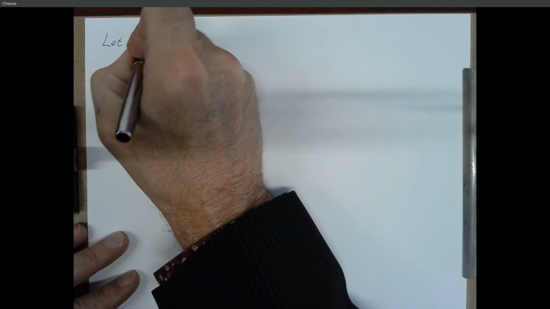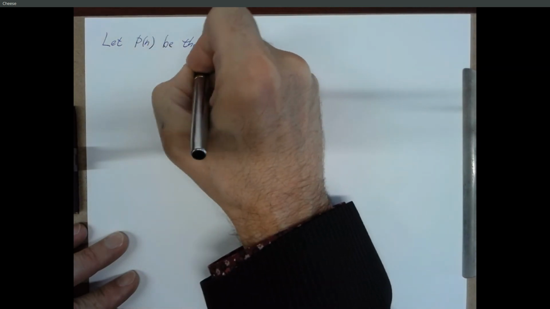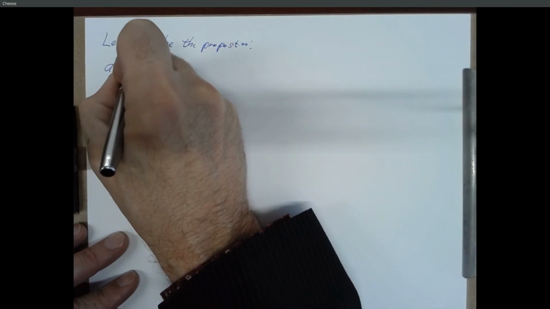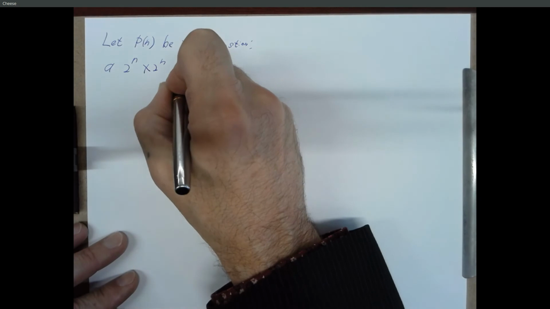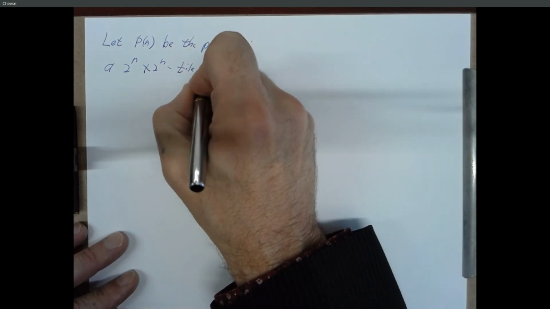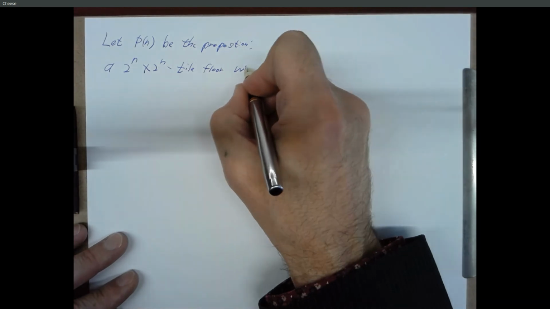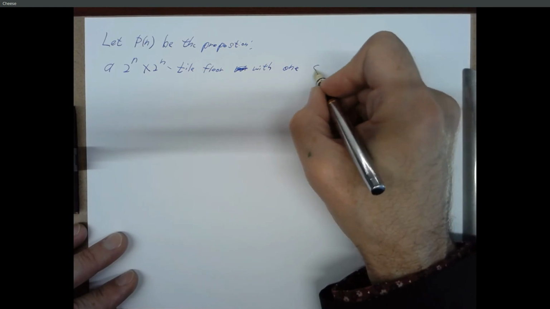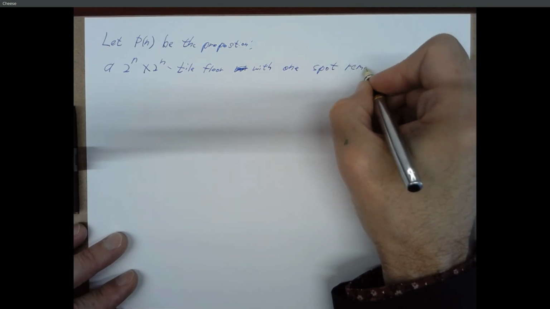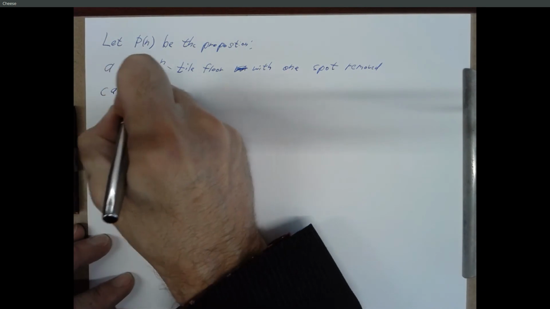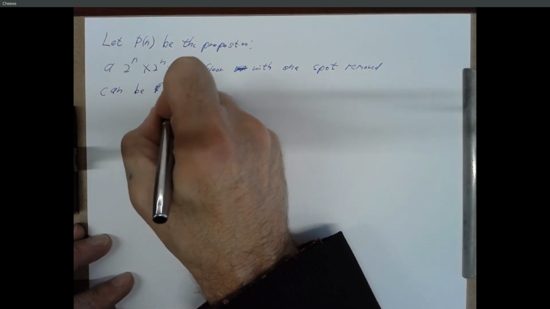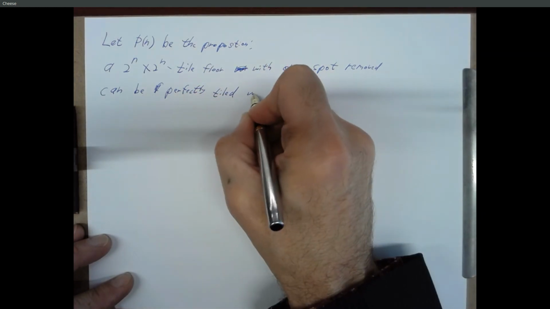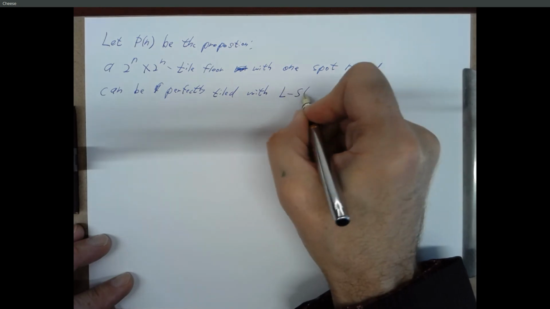So let P(n) be the proposition: a 2^n by 2^n tile floor with one spot removed can be perfectly tiled with L-shaped pieces.